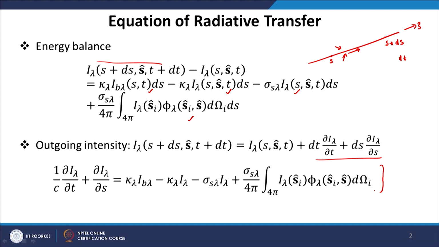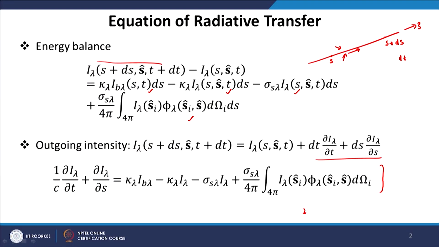Now, this equation appears to be a partial differential equation because of the partial derivatives on the left hand side, but it also appears to be an integral equation because of the integral on the right hand side. So, this equation is called an integro-differential equation. In radiative heat exchange between plane surfaces you studied an integral equation.